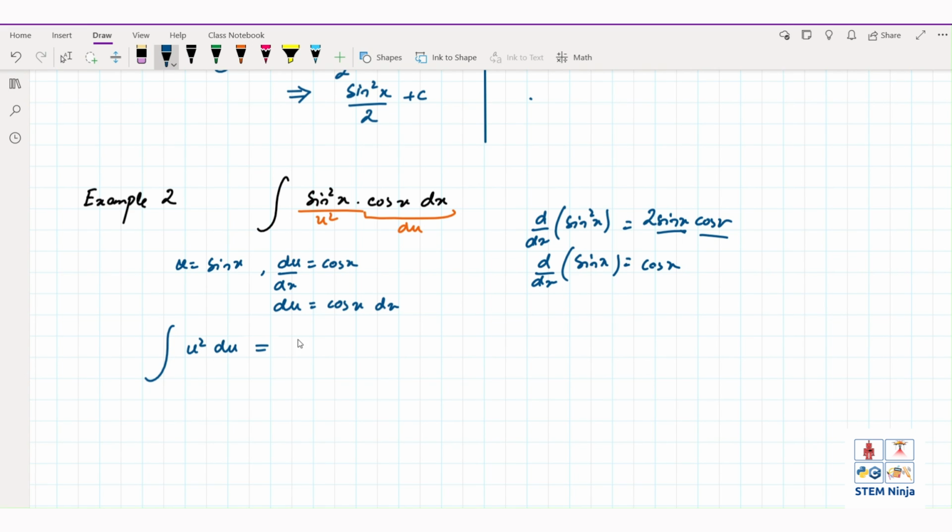This integrates to u cubed over 3 plus c, which when you convert it back becomes sine cubed x over 3 plus c. Simple process.